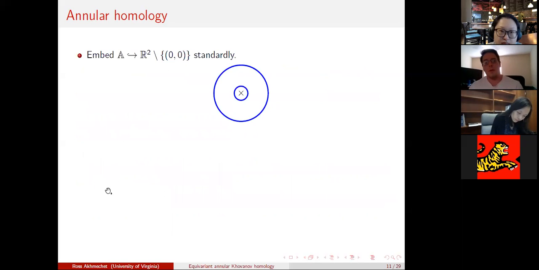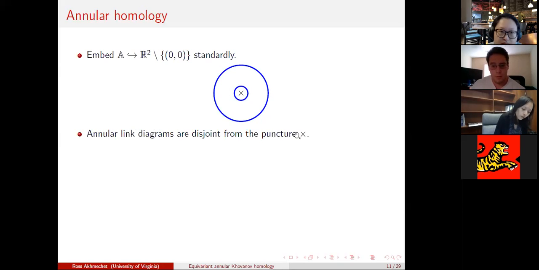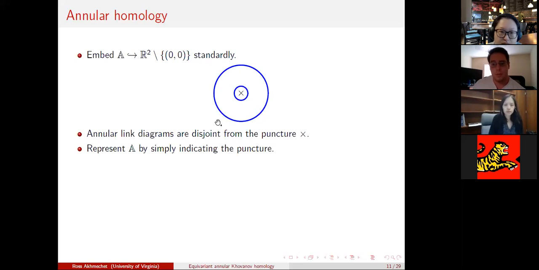Oh yeah, here I'm just going to use some convention. So embed the annulus into the punctured plane in some way, like this. The annulus is drawn in blue, and there's the puncture, indicated by a cross. So all your diagrams are drawn in the interior, between these two blue circles. And I'm just going to draw the puncture.